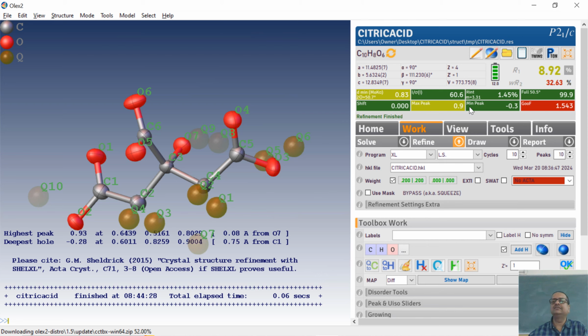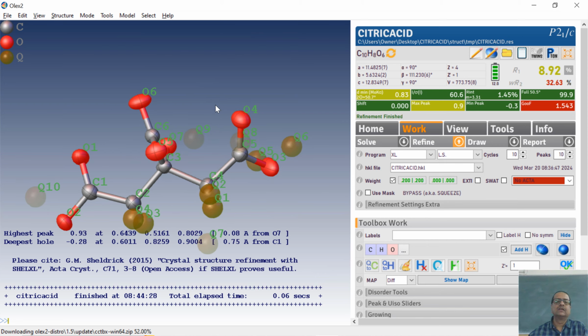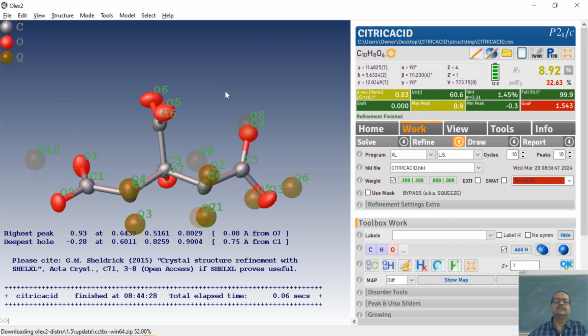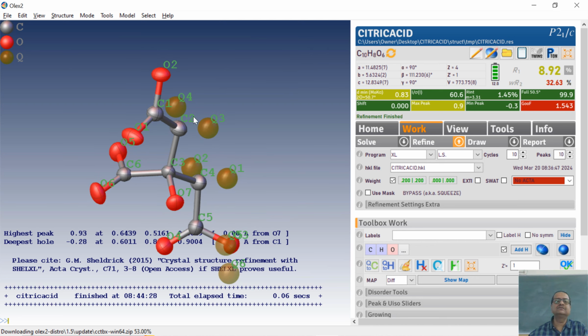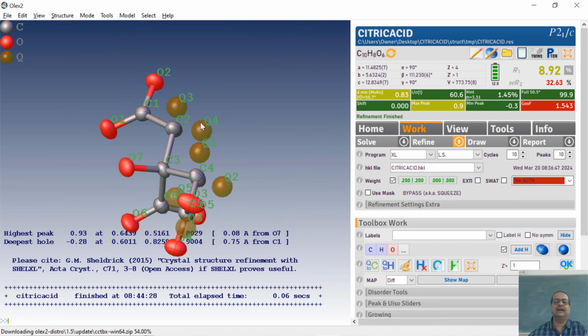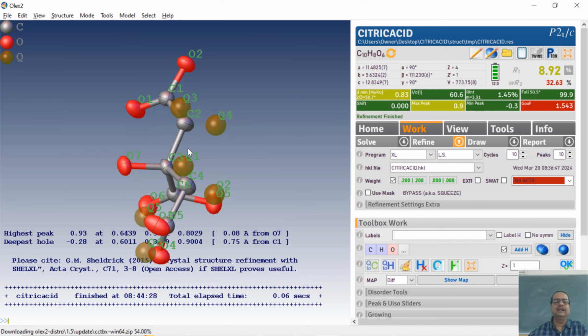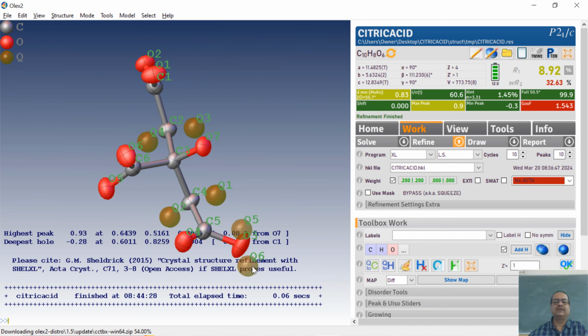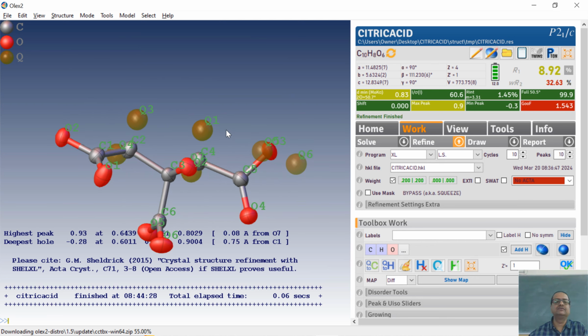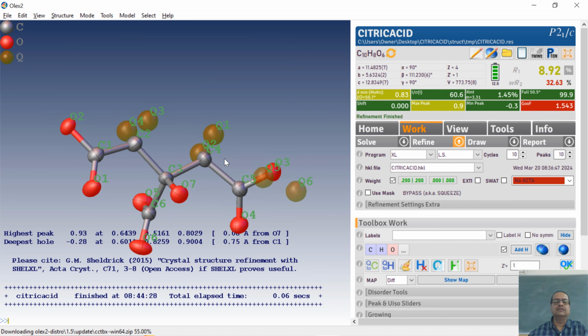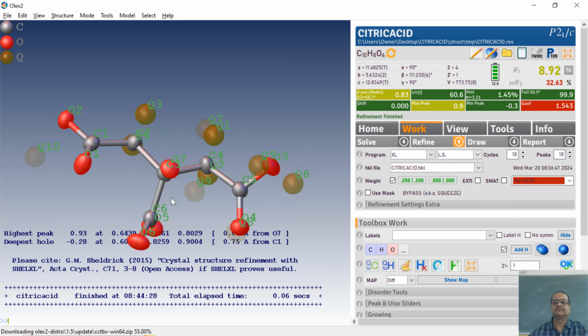You see the residual densities have fallen to a very small number. And what you see, if you look at these residual densities, looks like those are coming at the position of where the hydrogen should be, right? This one also is coming somewhere where the OH hydrogen should be, and others are not coming in any reasonable place.